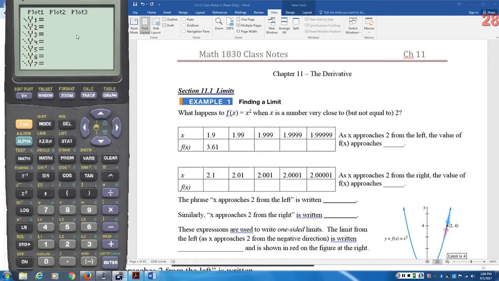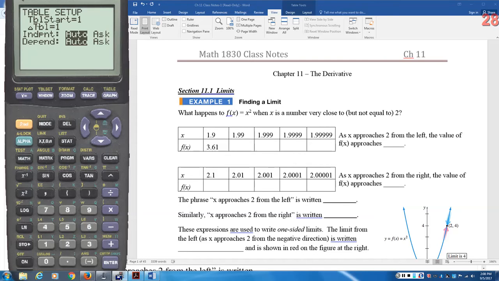So what I want to do here is I want to enter f of x. F of x is x squared. Not hard, okay? Then the second thing that I want you to do is I want you to hit your second button and the window button. So we're just going across the top row of the calculator.